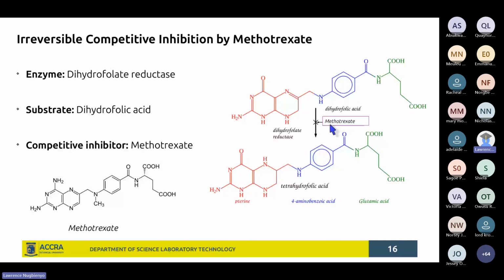If you remember, folic acid was in nucleic acid synthesis, DNA.